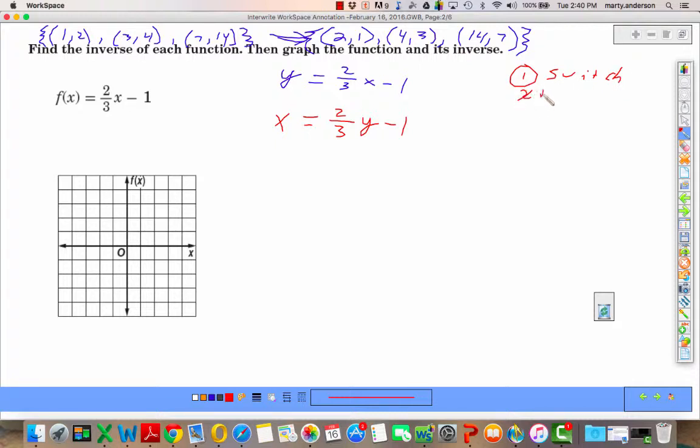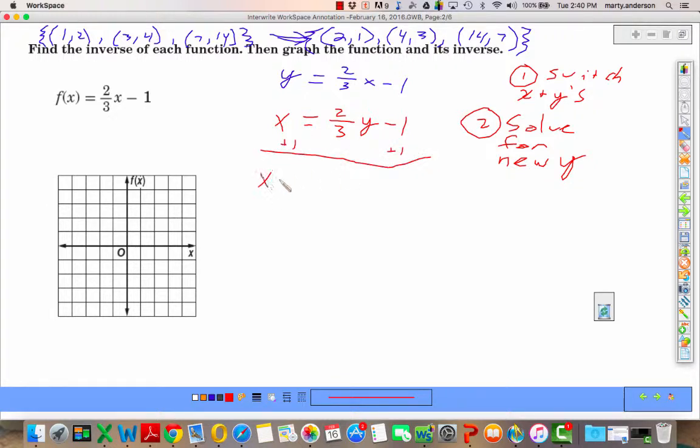Switch x and y's. Step two, solve back for the new y. Add 1 to both sides. X plus 1 equals 2/3 y.